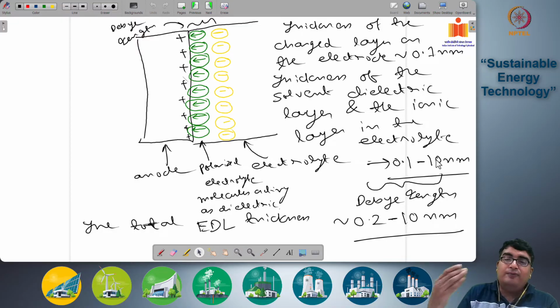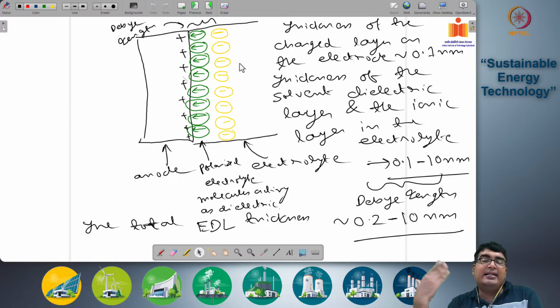So part of this is the solvent molecule, which takes up most of it, and the rest is the negative ionic charge. So clearly the thickness of the electrolyte is only around 0.1 to 10 nanometers. So the electrolyte layer, which is acting as the dielectric, is extremely thin, 10 to the power minus 8 meters.